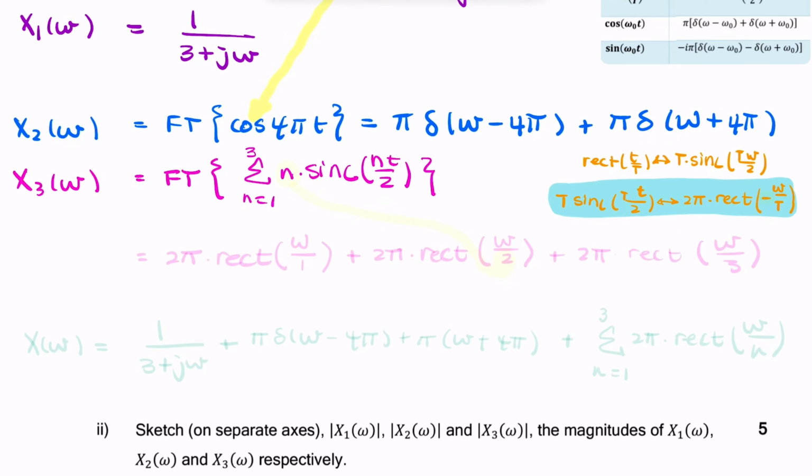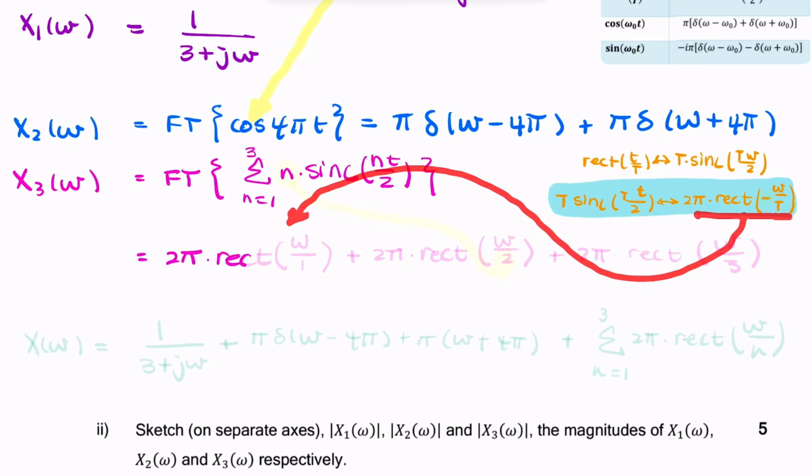So if we were to use our newly found Fourier transform of a sinc function, we can say, using linearity and duality now, the answer would be 2 pi times a rectangular function with n equals 1, it'll be negative.